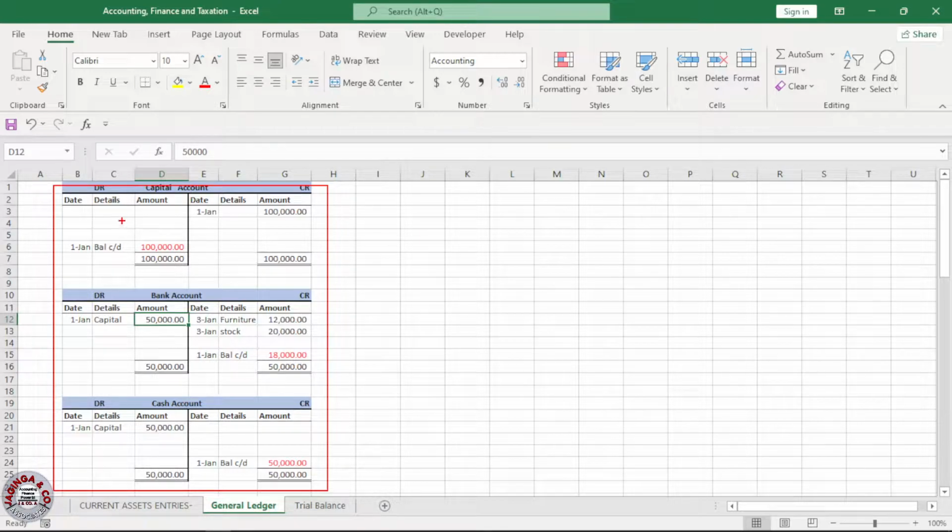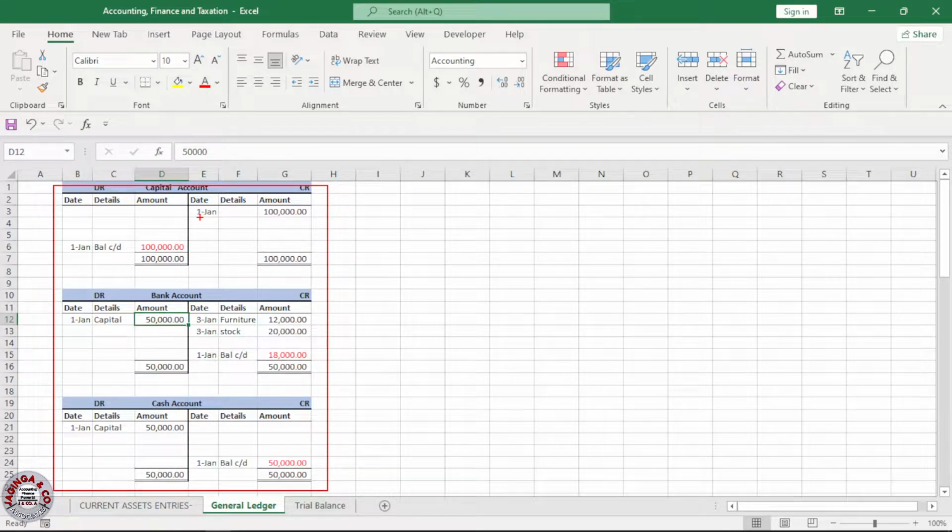We are assuming that you started a business with 100,000 shillings, and you transferred 50,000 to the bank account and 50,000 to the cash account. When you start a business, the amount that you are injecting into the business, coming from your pocket, we call capital.